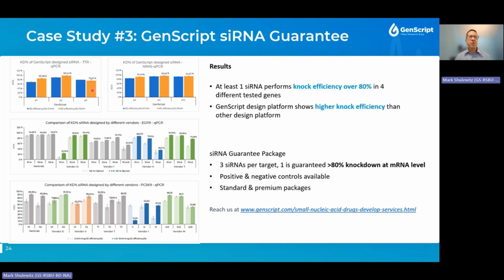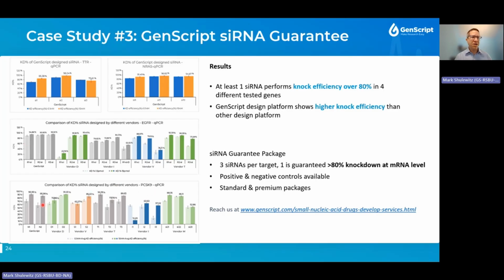It still got 75% knockdown, but this really illustrates why you want to test multiple siRNAs, because you want to find the one that works the best and that's most efficient. The right side illustrates a lucky case where all 3 siRNAs function equally well and all knock down greater than 90%.